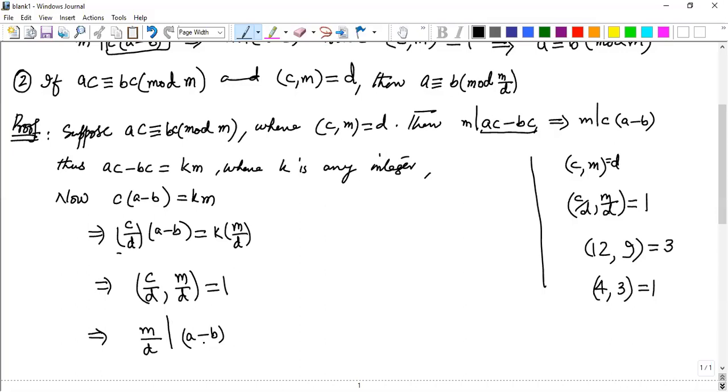So M by D divides A minus B. Now we apply the definition of congruence. According to the definition, A is congruent to B modulo M by D. So that's the required result.